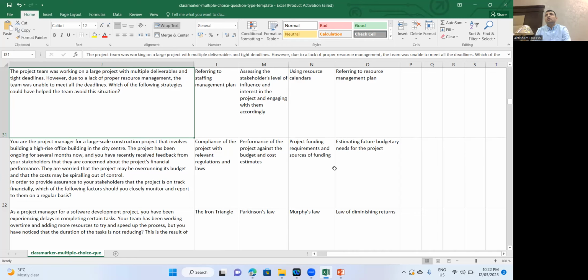So I think the answer is in the question, if I'm not wrong. Okay, answer it. Okay, tell me one thing. Referring to staffing management plan, staffing means people are also resource, right? So technically, Alpha is under Delta.